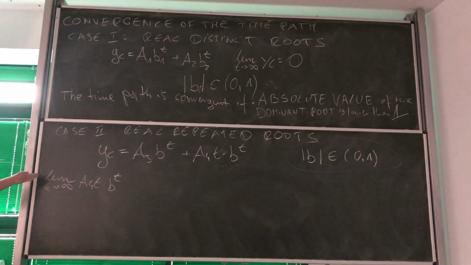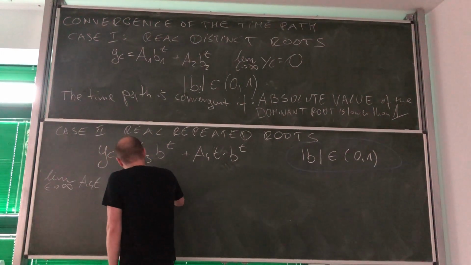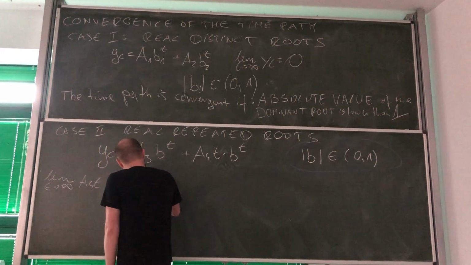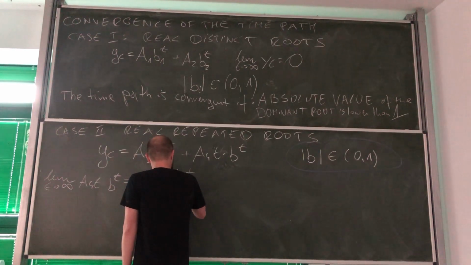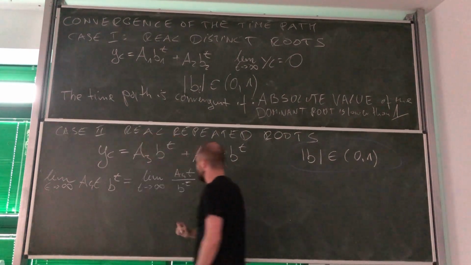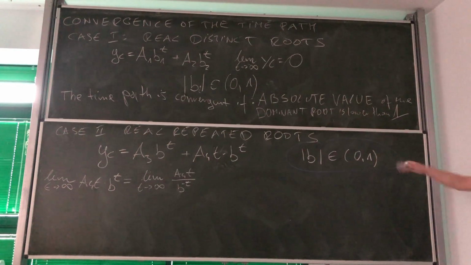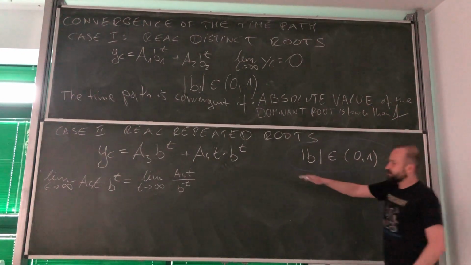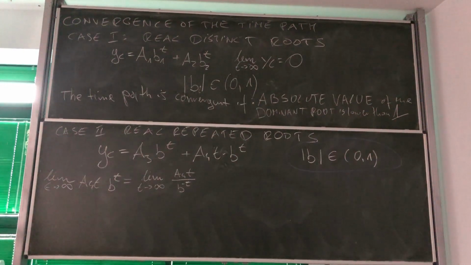Now look, it would not change anything if I wrote this in this form, right? It's the same expression. But if I write it this way, I can use L'Hospital's rule, right?